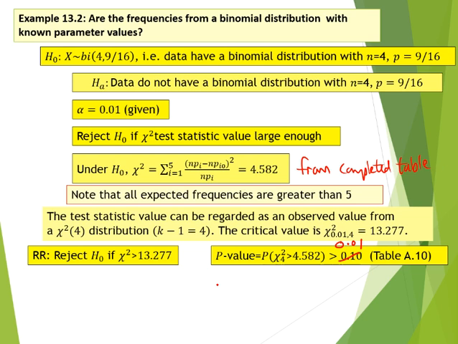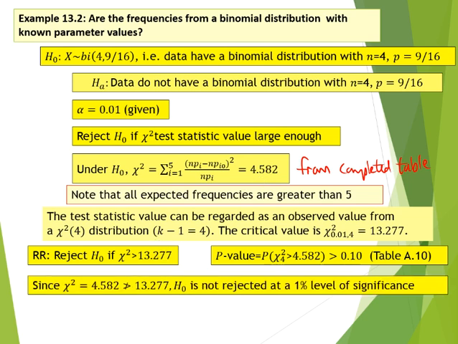Now I recall what the story was here. I looked at table 8.10 without looking at the critical values, just using table 8.10. You will note that the p-value is greater than 0.10, so it's not smaller than 0.01, which means the null hypothesis is not rejected, as you can see by comparing your test statistic value with your critical value as well.